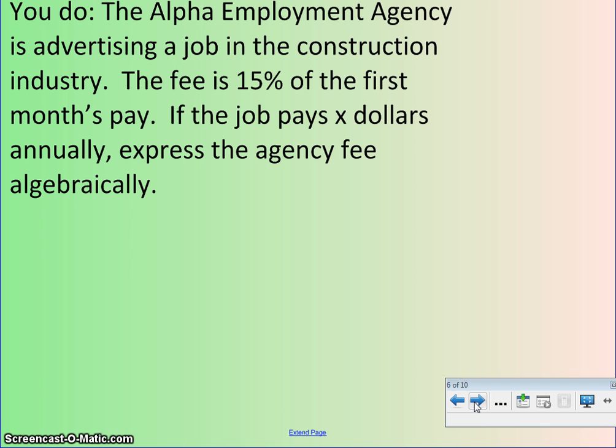Okay, let's take a look. It says the Alpha Employment Agency is advertising a job in the construction industry. The fee is 15% of the first month's pay. If the job pays X dollars annually, express the agency fee algebraically. Well, notice here that the fee is based on 1 month's pay, and it gives us an annual pay.